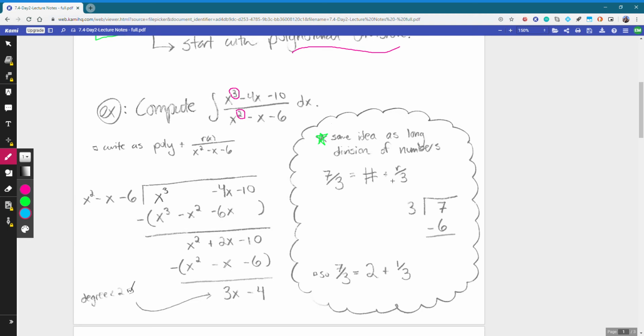And the way that we do that is we'd set up this little house and we put the number up top. This 7 lives inside the house. And we put the denominator outside. Right? And then we ask the question, how many times does our denominator go into the 7, and in this case, right, it goes into it 2 times.